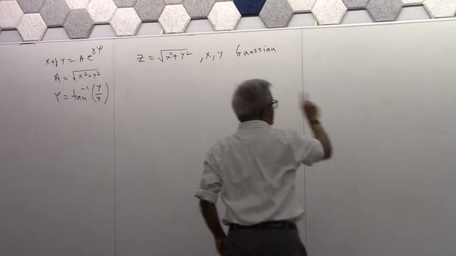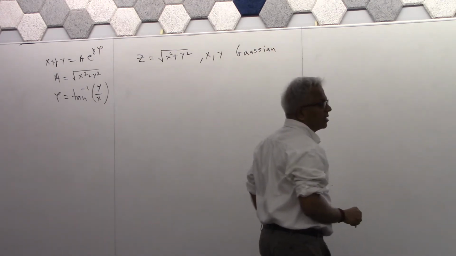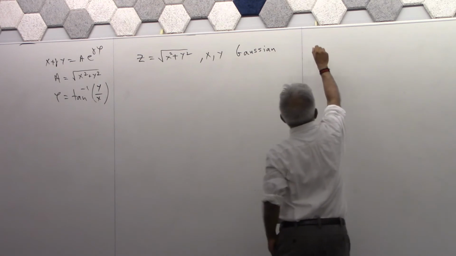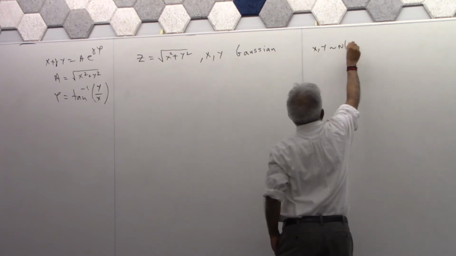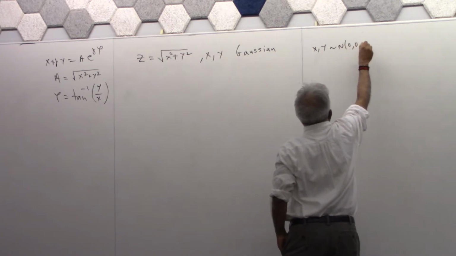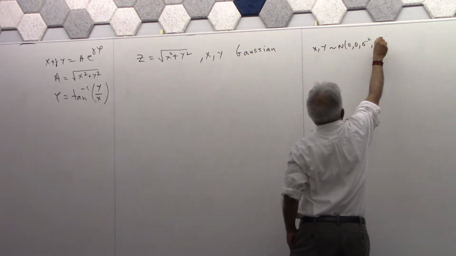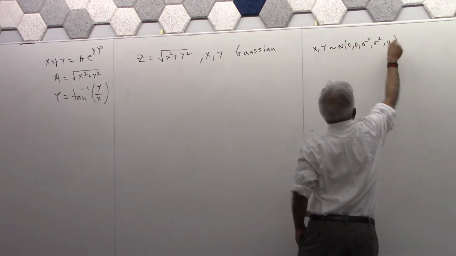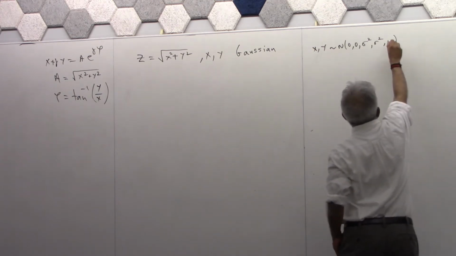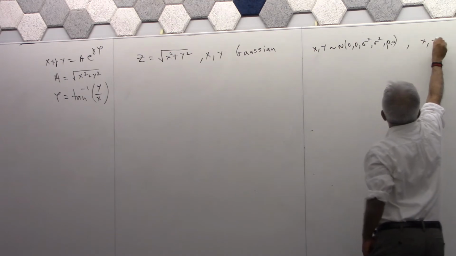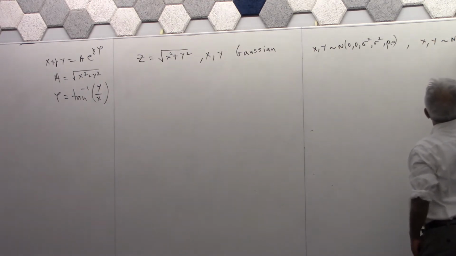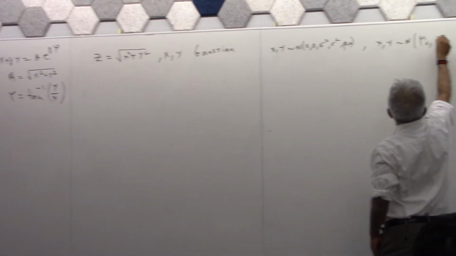I'll consider a couple of different cases. First, x and y with zero mean, same variance, and the fifth parameter rho equal to 0. You may want to go home and try some different means.